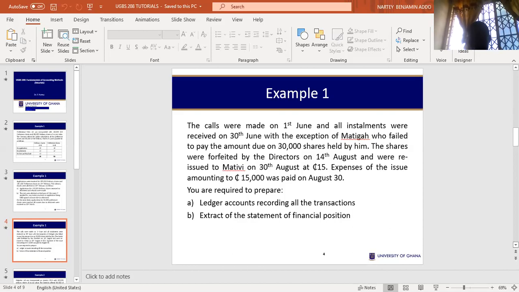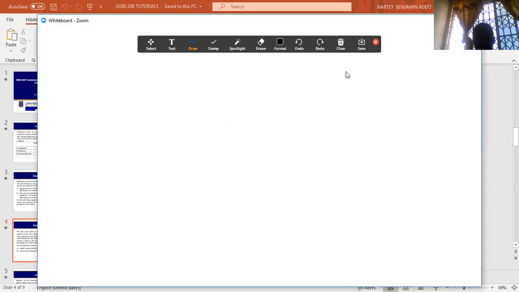Okay. Now normally, depending on the nature of the question, it will be more advisable to prepare some schedule. So let's look at the preference share schedule.